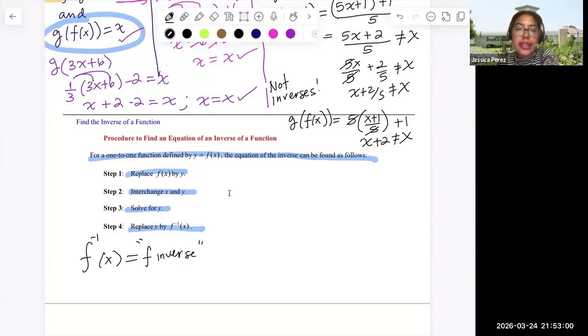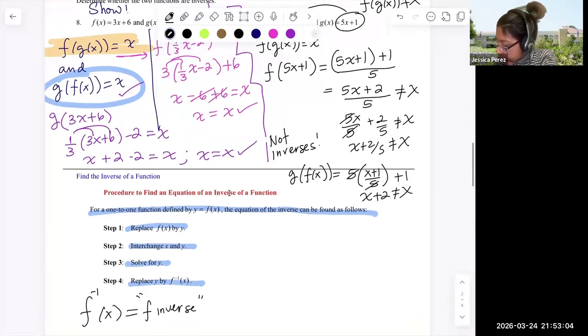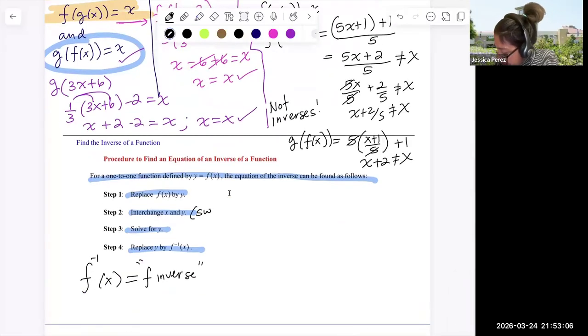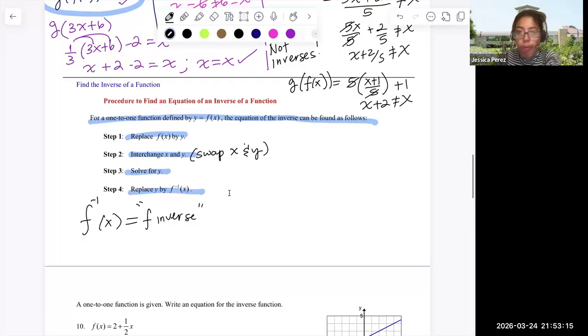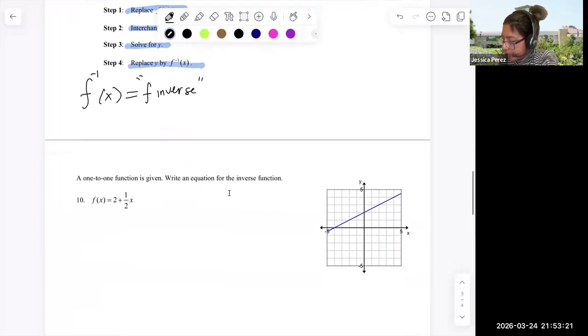So you first replace f of x by y, you swap x and y, and then you solve for y, and then you replace y by f inverse. And that's what we want to do for the next example.